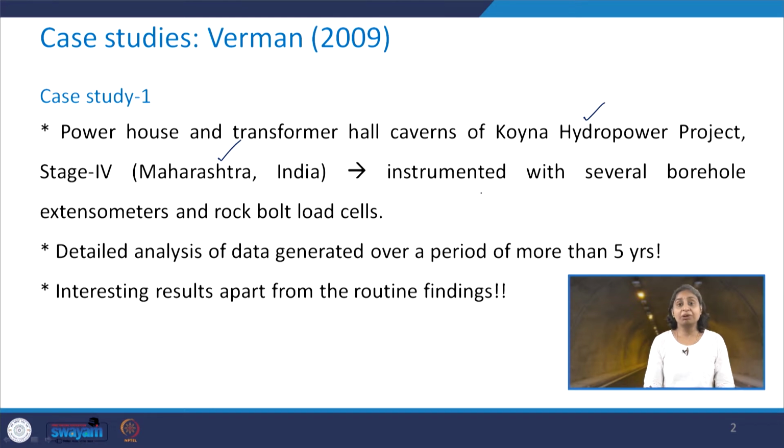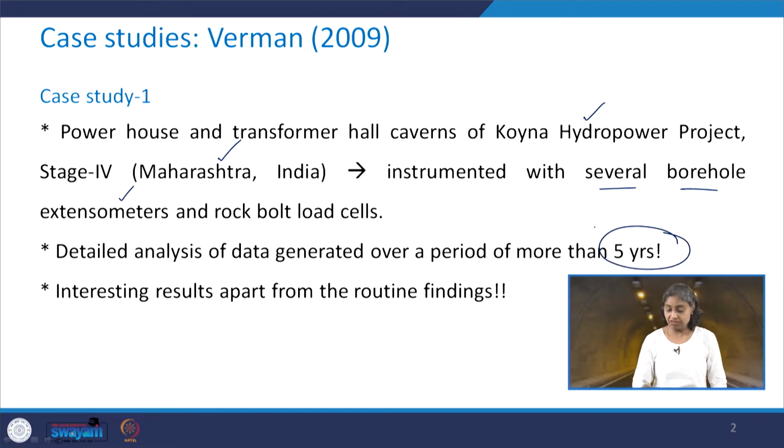Here the instrumentation was done with several borehole extensometers and rock bolt load cells. The detailed analysis of the data was done, which was generated over a period of more than 5 years. And then we got some very interesting results apart from the routine findings.